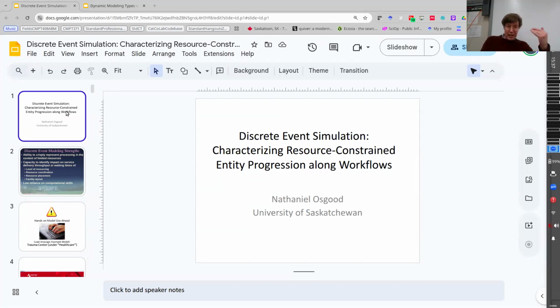in ways that allows us to easily ask questions about if we increase the amount of resources available or place those resources at different locations, and therefore the movement times were different. Or at different prioritization strategies, or different orderings in which the workflow was structured, how would it affect the time that patients spend in the system, the waiting time, the waiting list length, the number of, say, patients leaving without being seen, the loss to treating.